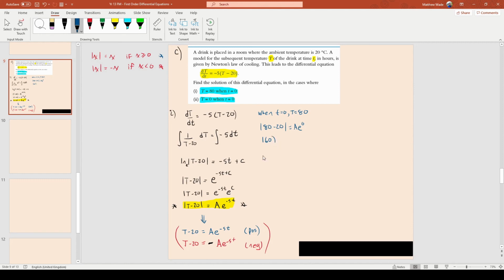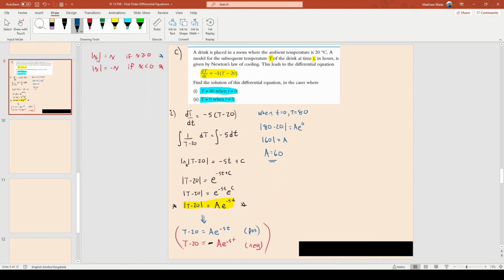Modulus of 60 is going to equal A. Now here's where it gets weird, okay, buddies? 60 is positive, right? Therefore, the modulus isn't going to have any impact at all. We are in this scenario, because we didn't need to put a negative in. 60 was already positive, okay? So straight away, A is 60, no problem at all.